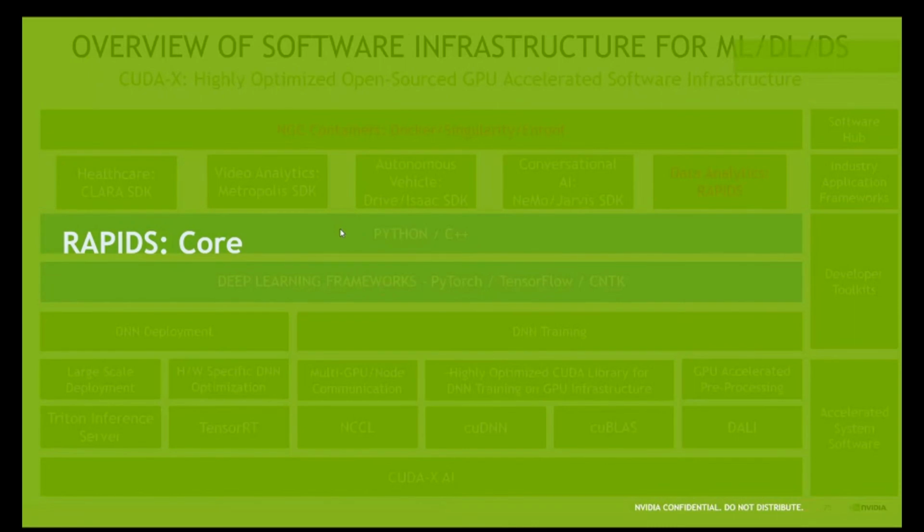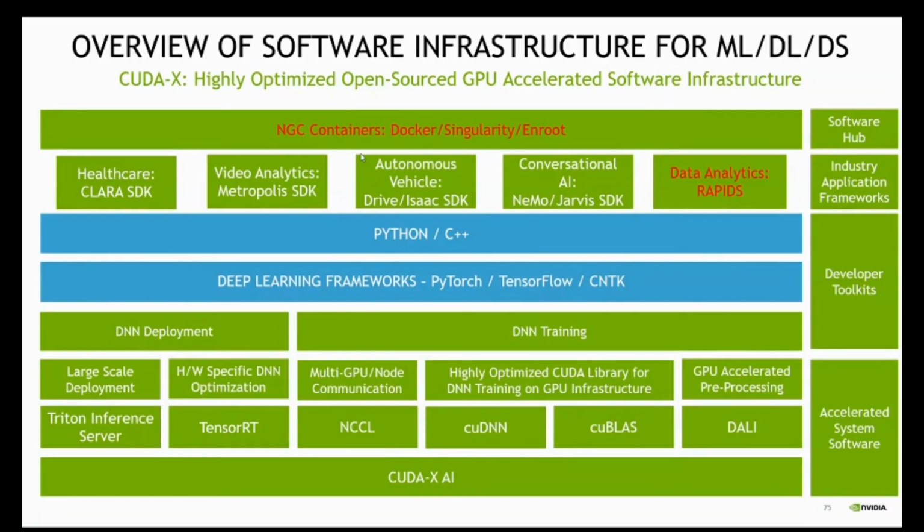So with that, in the hands-on part, I'll be covering NGC containers and I'll be covering Rapids in core detail. That means using cuDF, using cuML, and third, using Dask along with cuDF and cuML for doing large-scale data analytics.